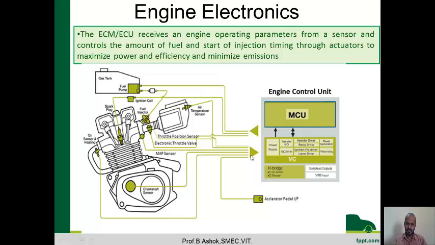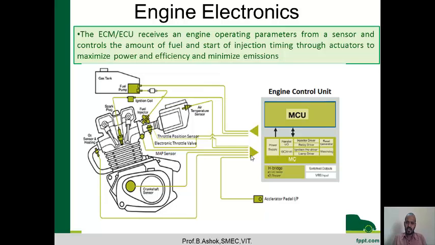Real-time conditions in the sense, for example, what is the temperature right now, what is the inlet pressure, what is the exhaust pressure, what is the exhaust oxygen level, what is the air quantity entering the chamber, what is the engine speed, what is the cam position. If you want to add more sensors you can, but ultimately the cost will be higher. So depending upon the number of sensors, the number of real-time parameters that can be measured in an engine varies.